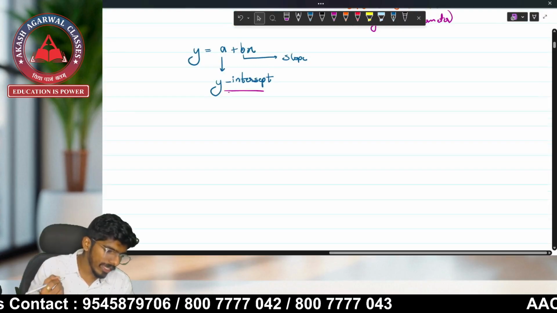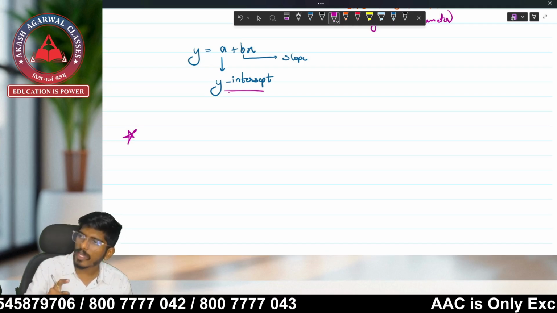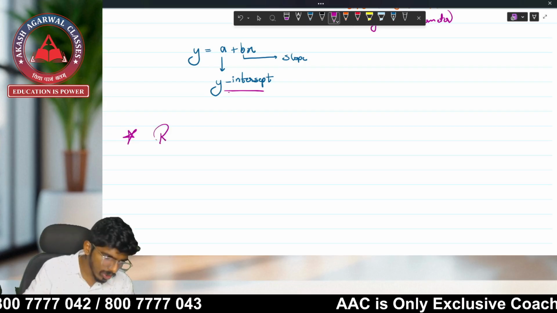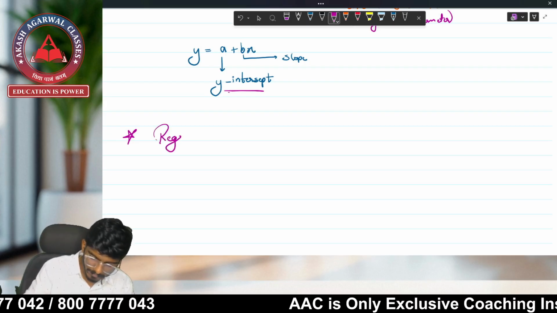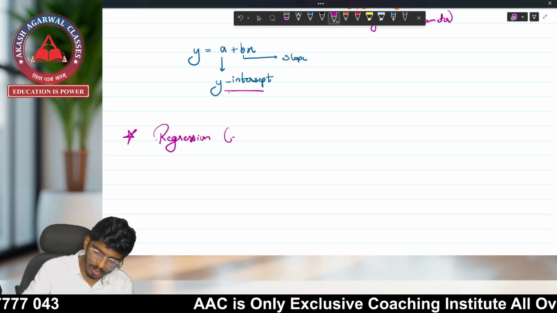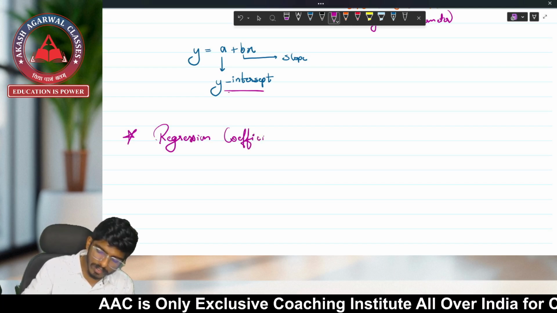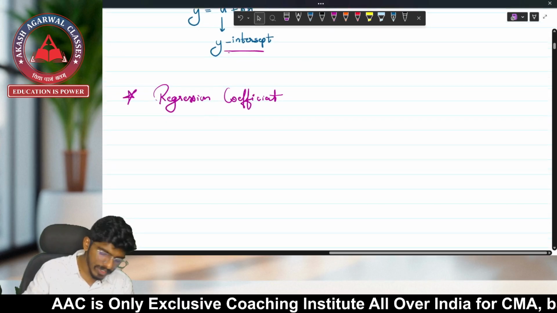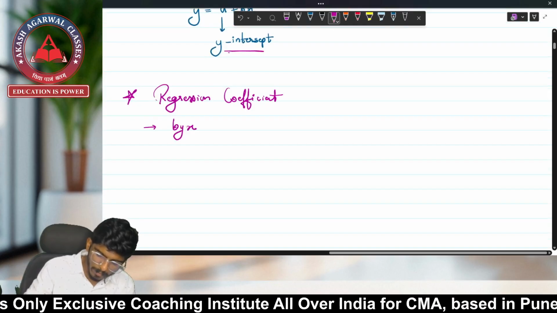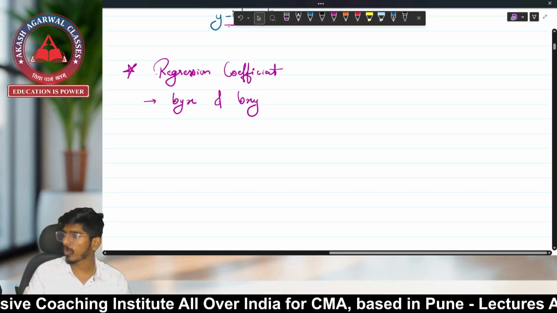So now let's see. We saw two things. One is x on y and one is y on x. So we saw regression coefficients. Now what is regression coefficient? Regression coefficient is nothing but two things that we saw: byx and bxy.